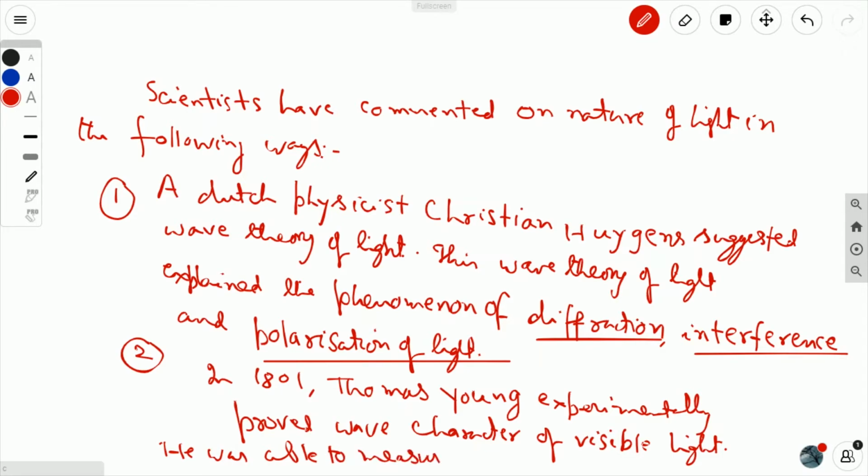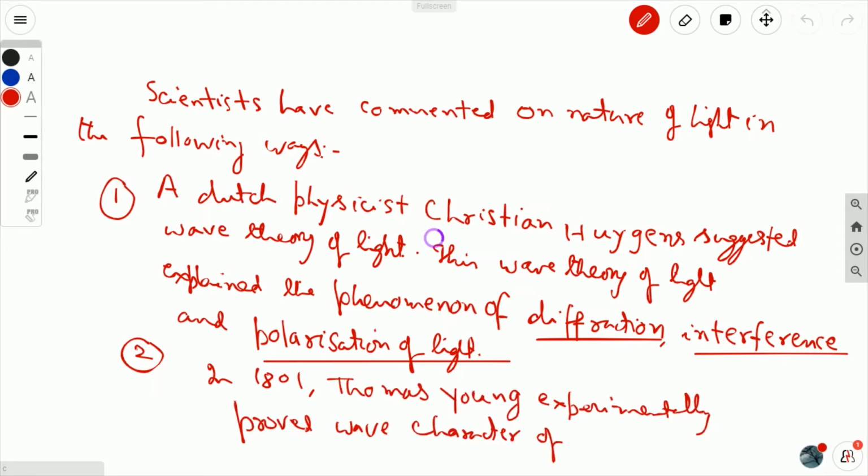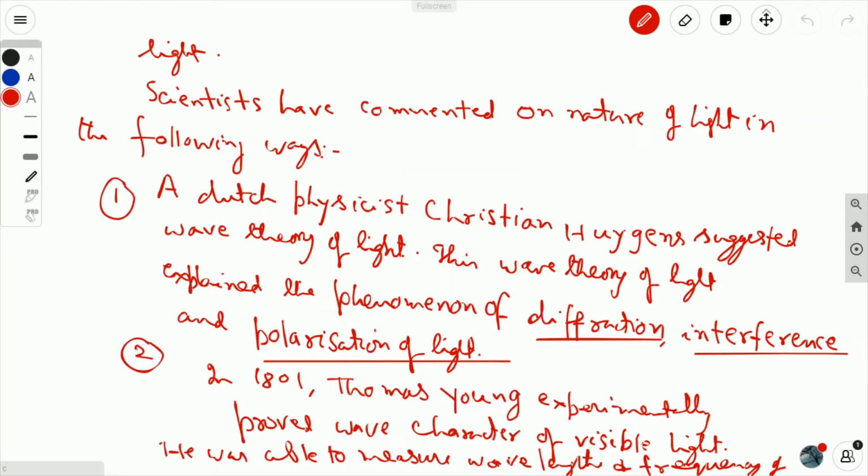This was the experiment done by Thomas Young, who showed that light has wave character, and he was able to measure the wavelength and frequency of light.